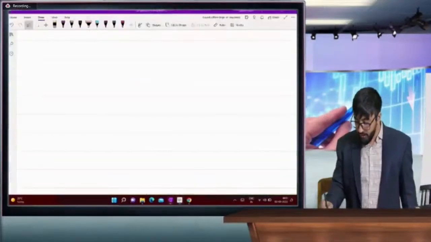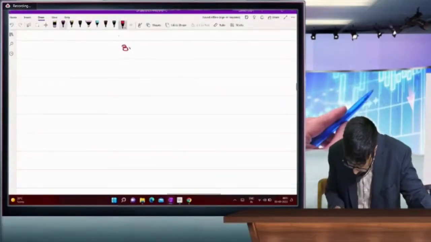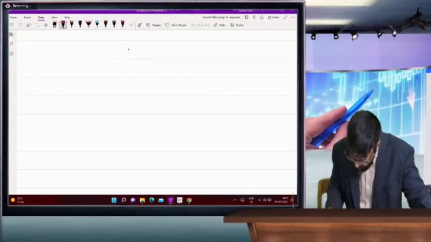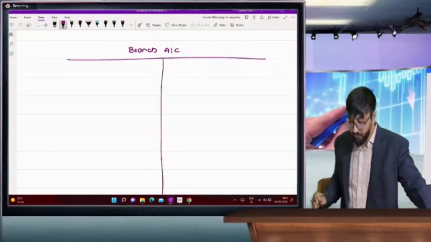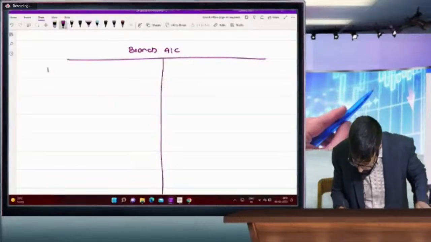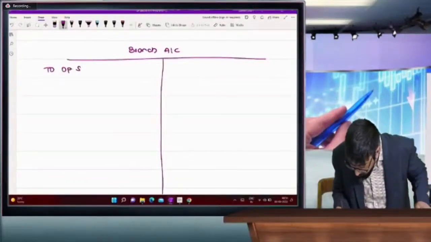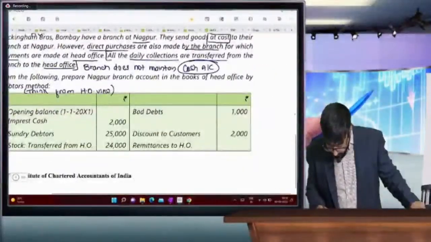So please don't write this answer now. I will give you time to write this. So branch account. This is only for your concept clarity. Don't write it. Branch account. Focus. First, what did I tell you? First you have to write opening balances. How many opening balances do you have? 4.